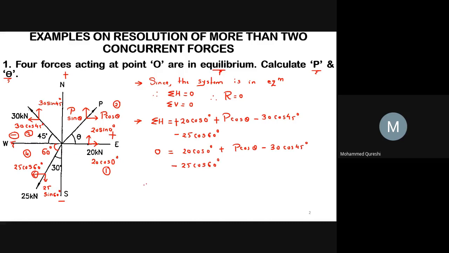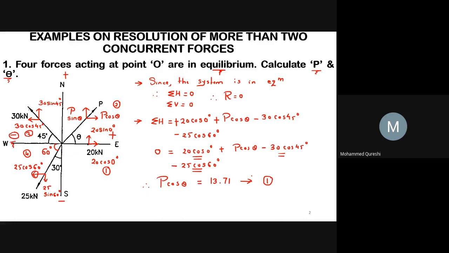So now in terms of P cos theta, and after solving these three values, you will get P cos theta as 13.71. So give this as equation number 1.